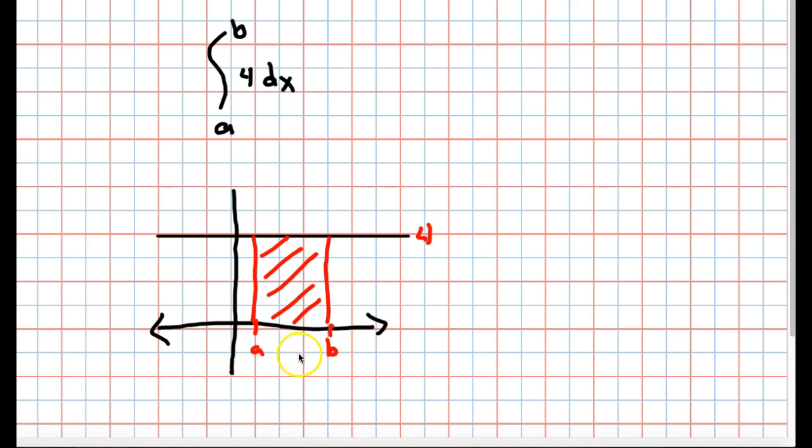I don't have numbers for the width. What I can say the width is just b minus a. So what I can say that this is equal to is the height of 4 times the width of b minus a. Right? And we could distribute the 4 through and say it's 4b minus 4a, but I can just leave it like that. Okay, 4 times the quantity b minus a.